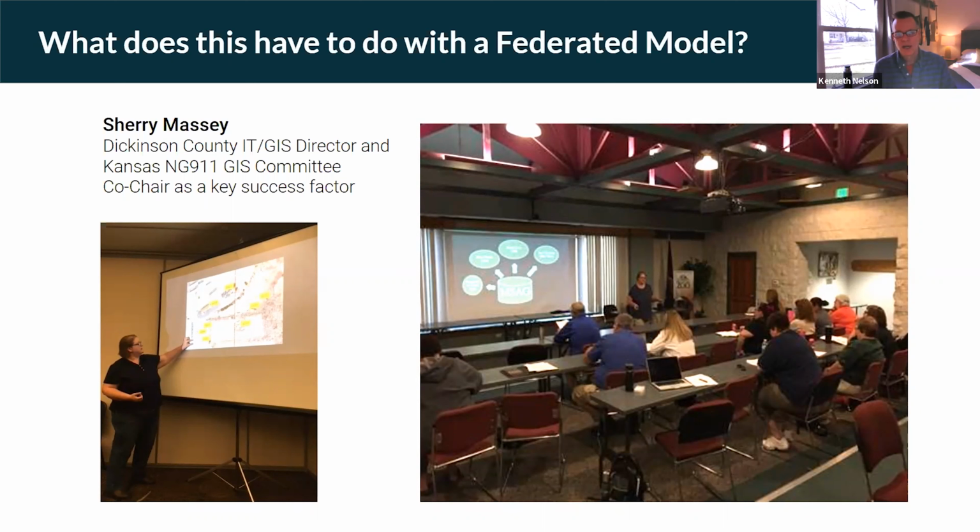Over the journey we've been on here, we've added a program manager and an implementation technology support specialist, I believe that's the acronym. That was somebody who was retired from AT&T and had a lot of expertise in Kansas 911, very specifically from the AT&T side of things.